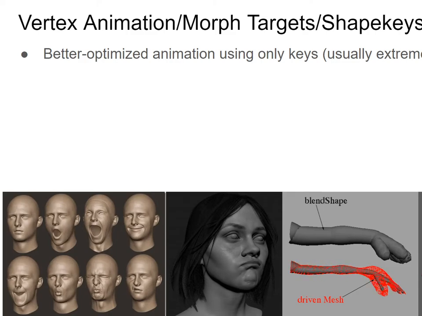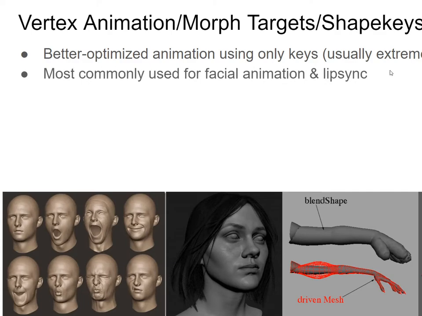I don't remember what Unity calls them, but blend shape is a pretty standard term to use in research applications, at least. These are essentially better optimized. You could think of them as geometry caches almost, where you're only defining the most extreme transformations and interpolating between them. We commonly use blend shapes for facial animation and lip sync.